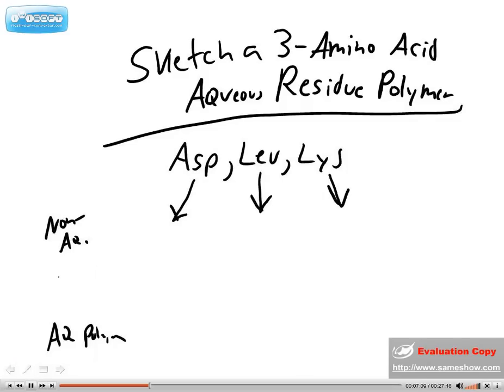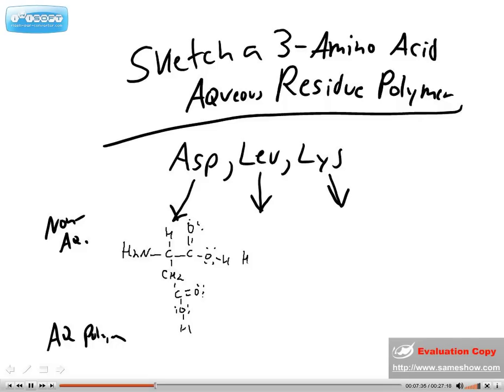So for aspartic acid, we have H2N, carbon with its hydrogen, CO2, CH2, and then COOH. Here we have leucine.